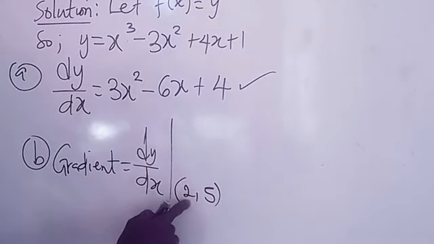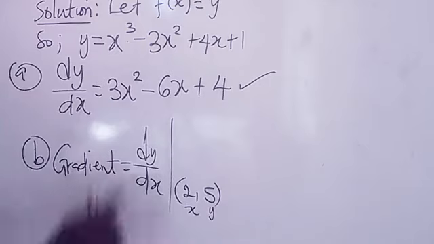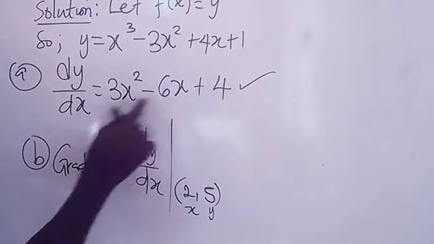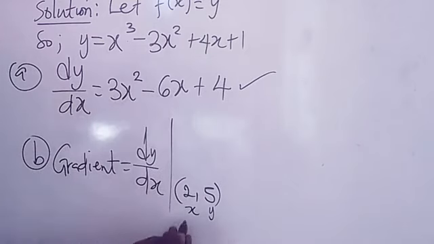The first entry here is x, while this is y. But from dy dx we have here, we can see that the function here is function of x. So we are going to pick just the 2 and neglect the 5.